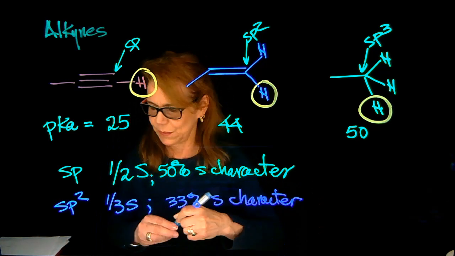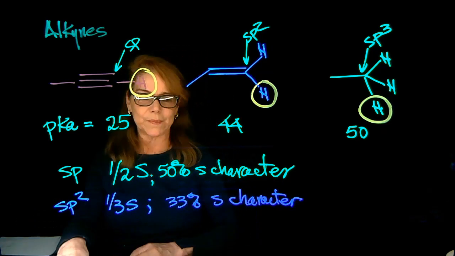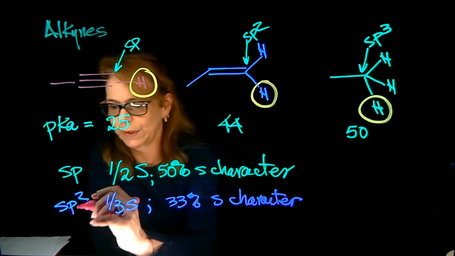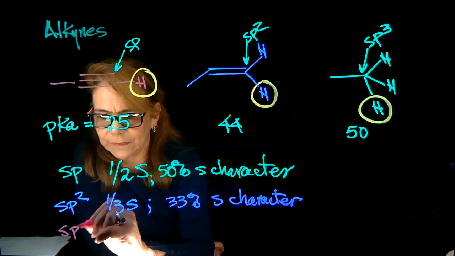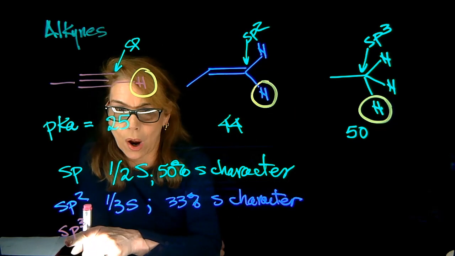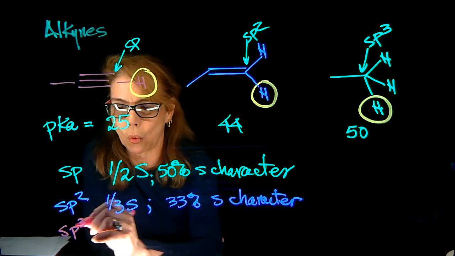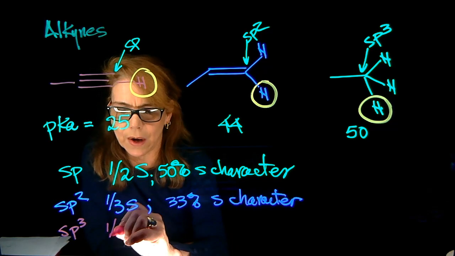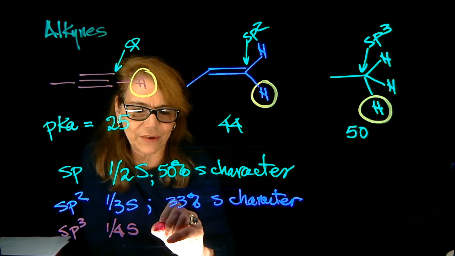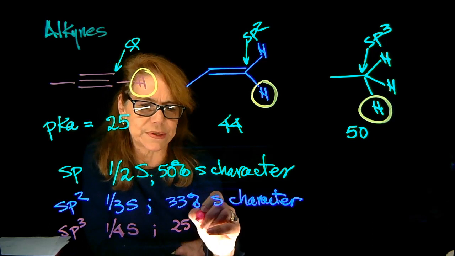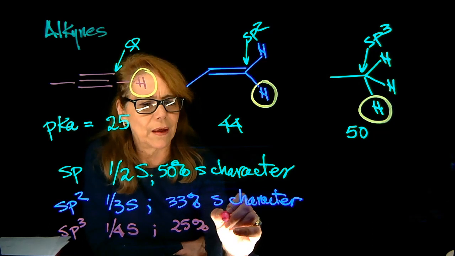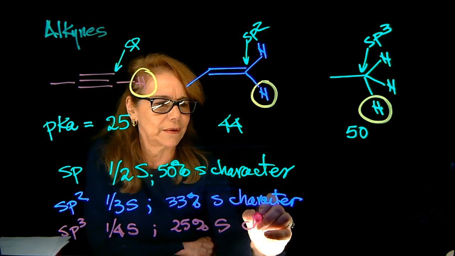And lastly, when we are making sp3 hybrid orbitals, you're mixing 1 s orbital with 3 p, so 1 out of 4 is s, so we say this is 25% s character.